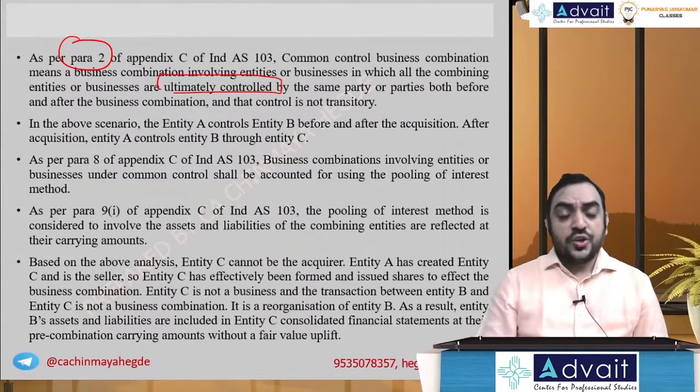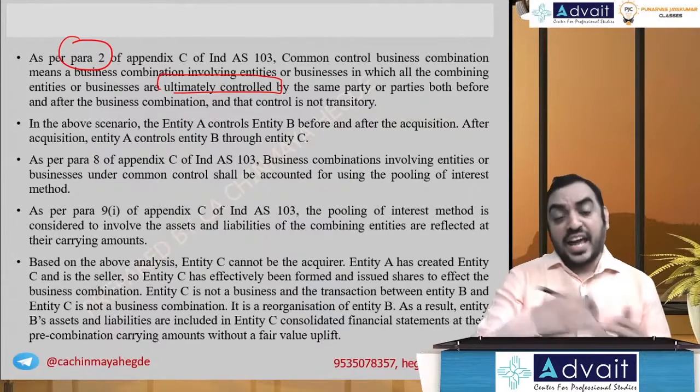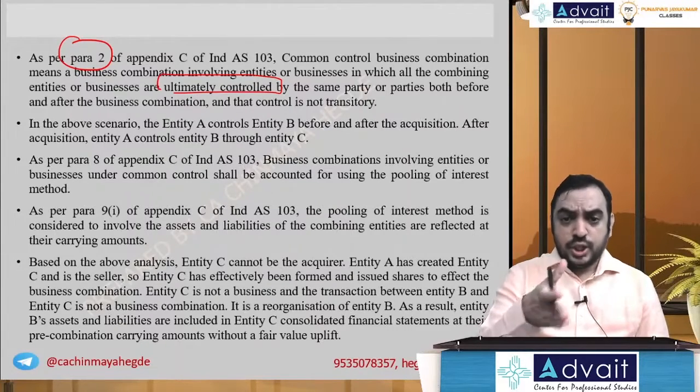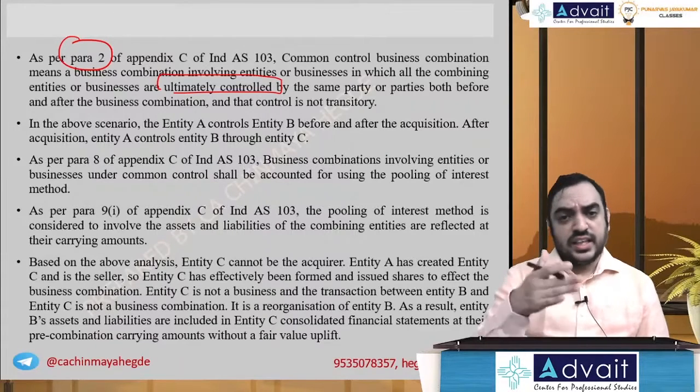In the above scenario, entity A controls entity B before and after the acquisition, and after acquisition, entity A controls entity B through entity C. That is, A controls C, C controls B.